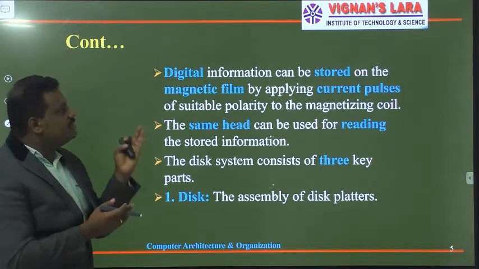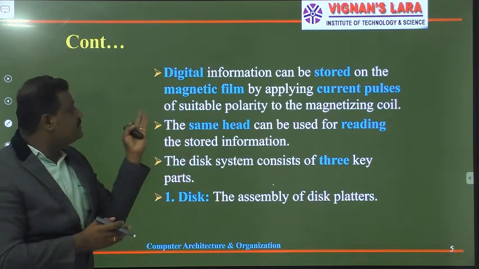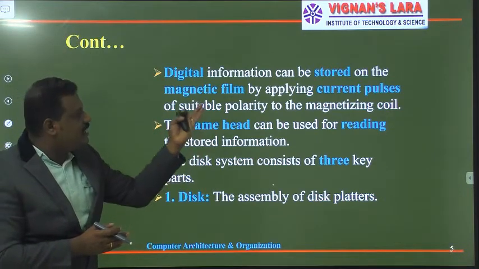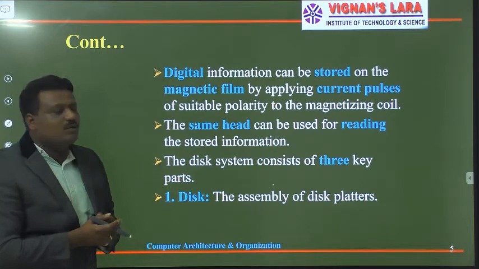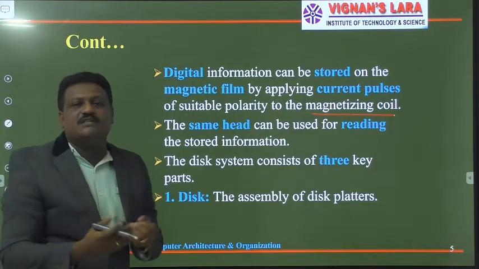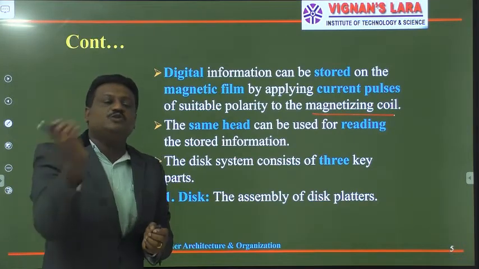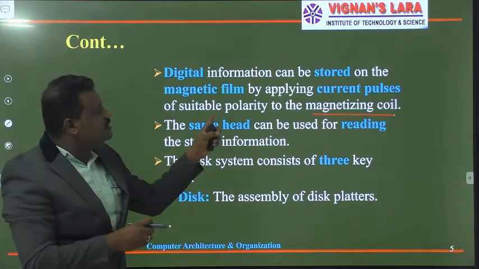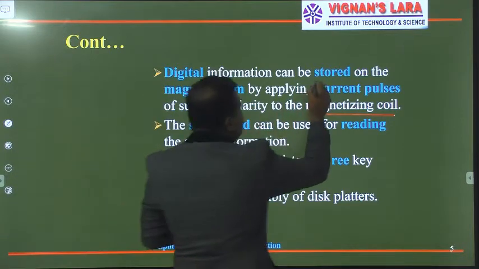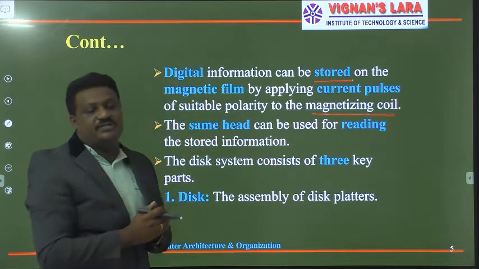Digital information can be stored on the magnetic field by applying current pulses of suitable polarity to the magnetizing coil. Here, what is the magnetizing coil? Generally this magnetizing coil is nothing but your head itself. Just assume it like that. That means if I want to store information, here my function is a write operation.